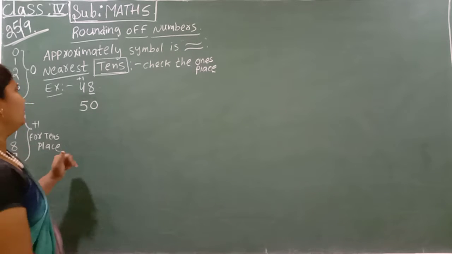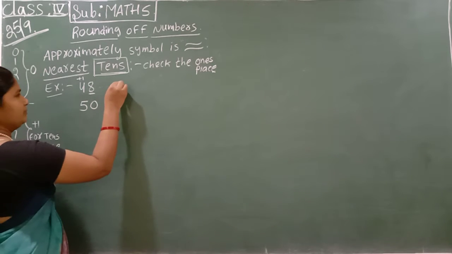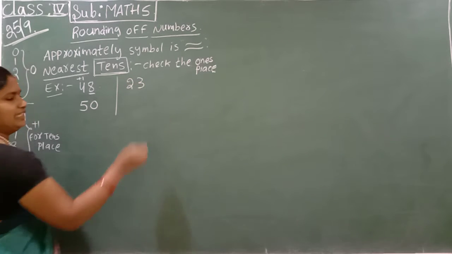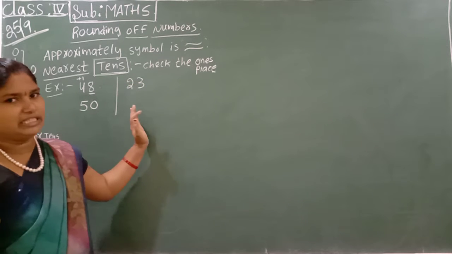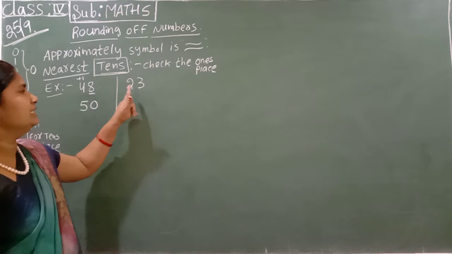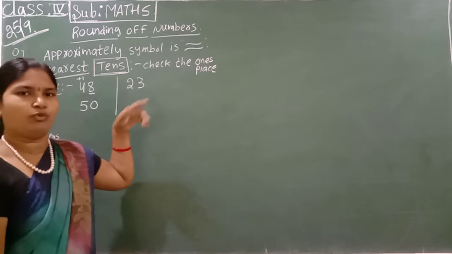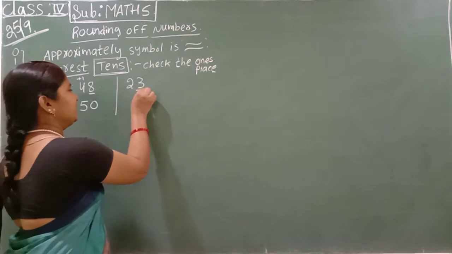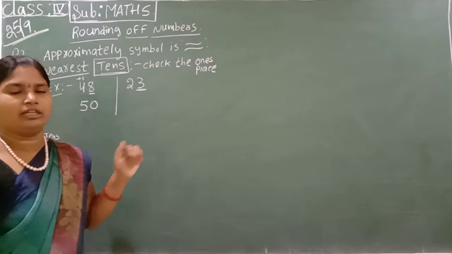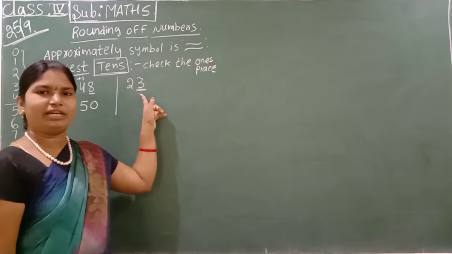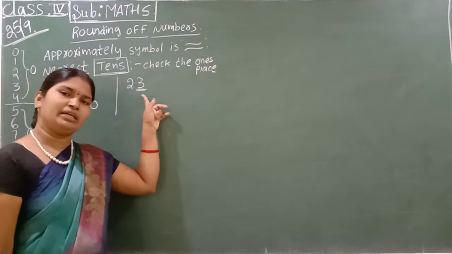Now one more example. In the second example I took 23. Here, check the ones place. Whatever the given number, you have to leave it and check the ones place first of all. If it is less than 5, compare 3 and 5. Is it a small number or a big number?